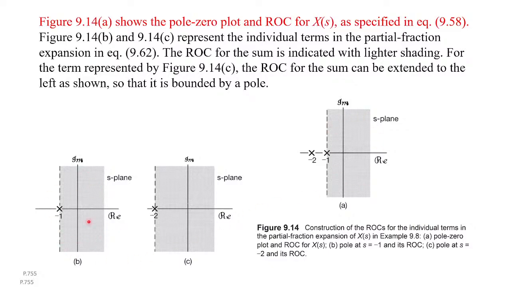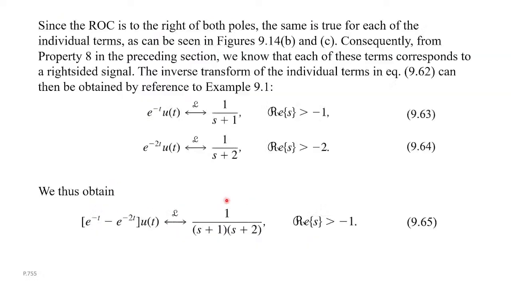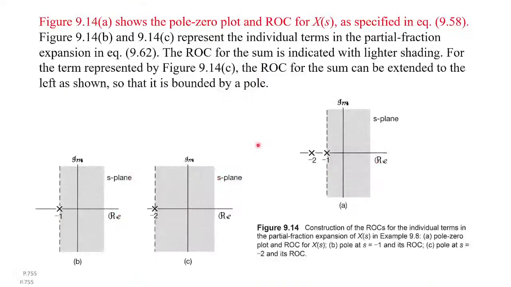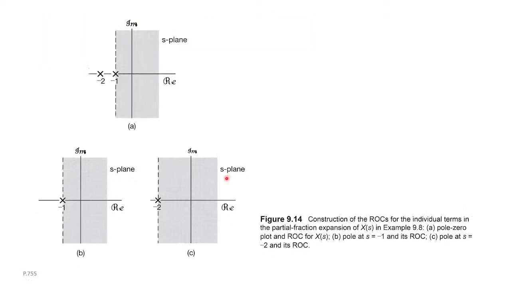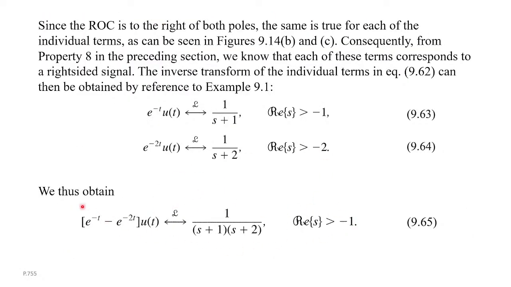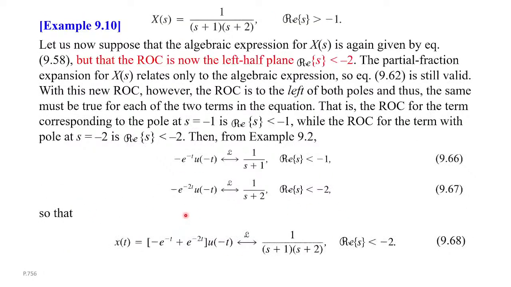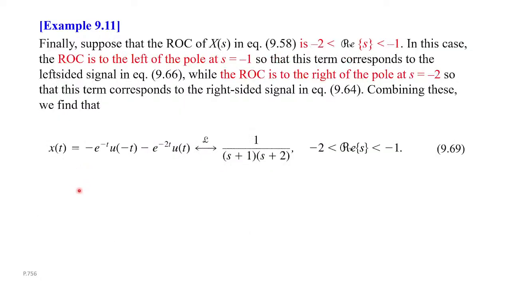From this ROC, you decide the ROC of each partial fraction, then you invert them using one of the two formulas. Here we are picking the right side for both. In the next example, we will pick a different ROC and get a different inverse.